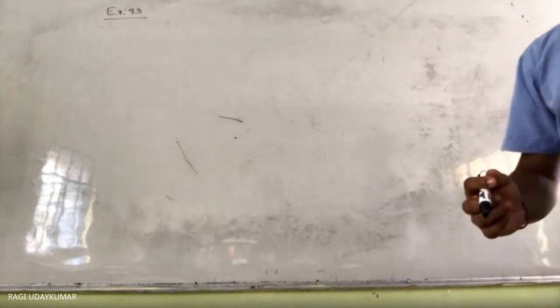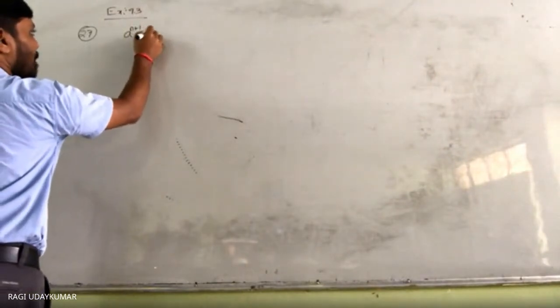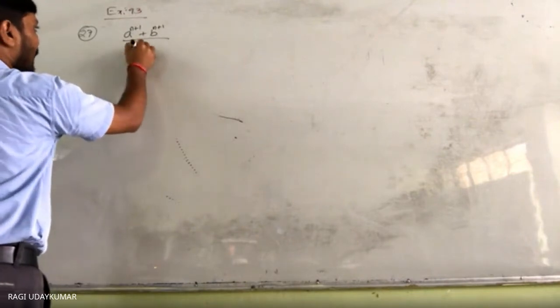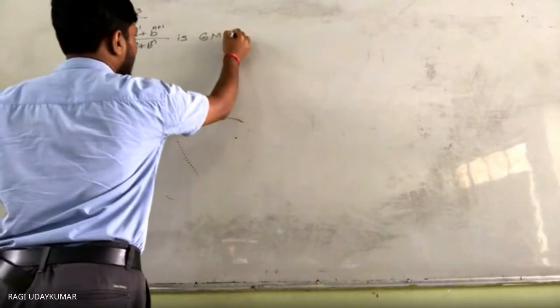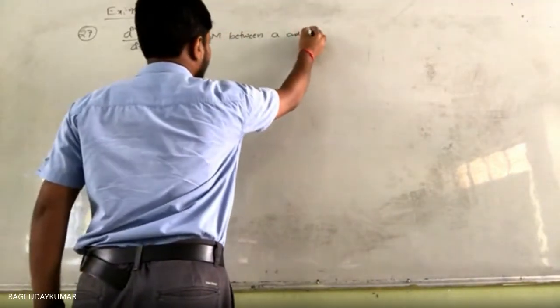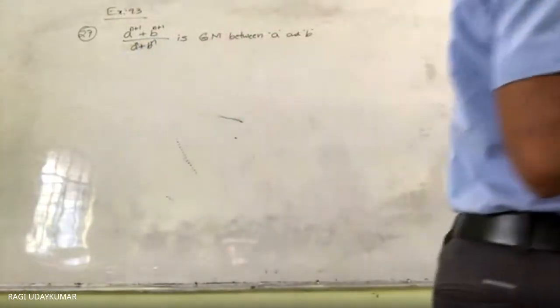Okay, so it is given that (a^(n+1) + b^(n+1)) / (a^n + b^n) is the geometric mean between a and b. So what is the geometric mean between a and b?